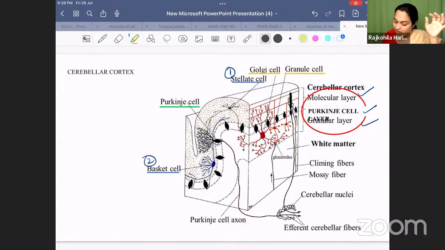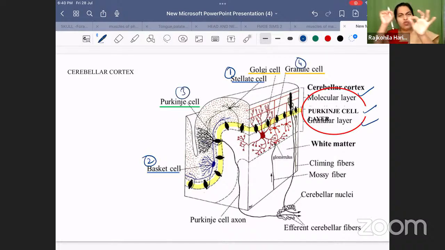This area I would like to highlight and show: a single row of large flask-shaped cells, the Purkinje cells. And then the inner granular layer. Why do you think it's called the granular layer? Because it has a lot of granule cells, right? Granule cells, small ones. And these are the Golgi cells.